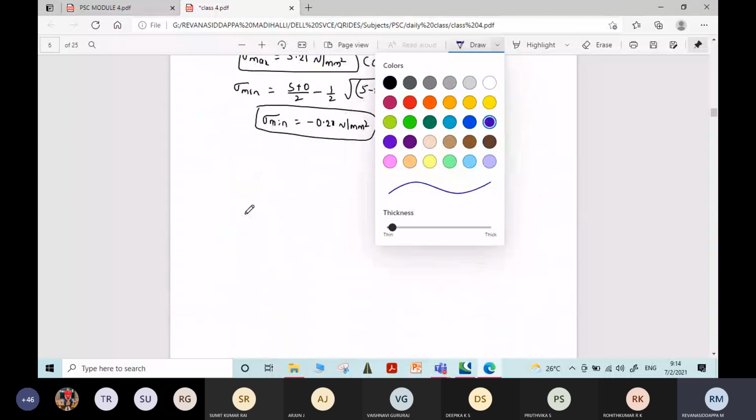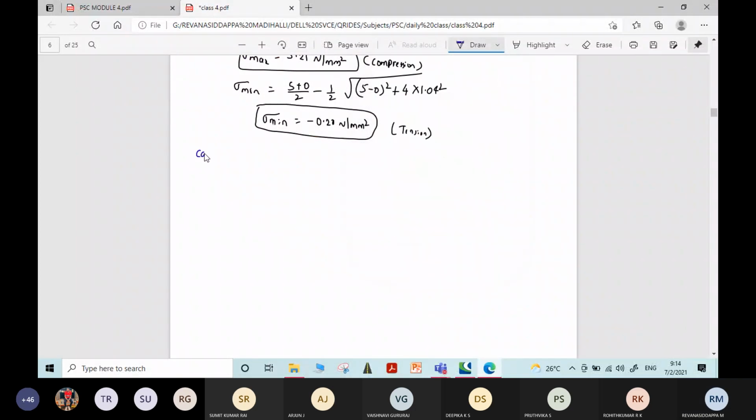Now write case 2. Case 2, principal tension without axial pre-stress.